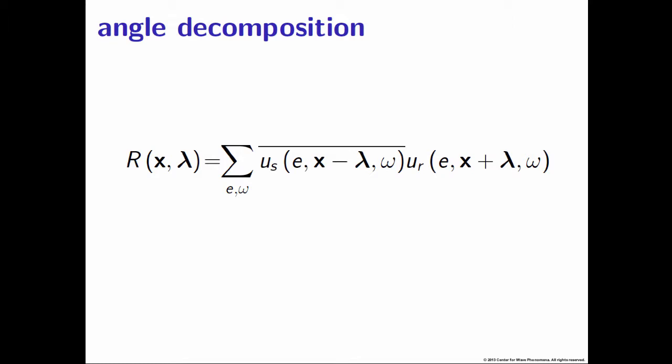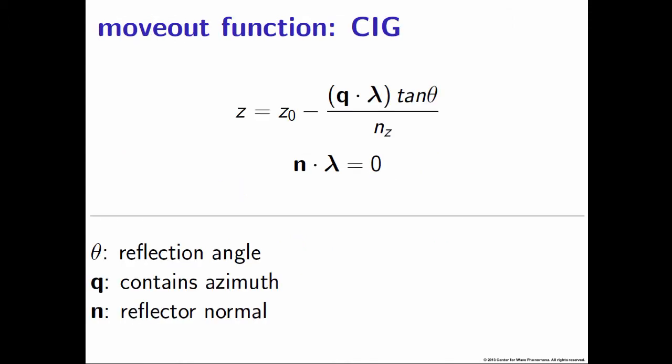By using slant stacking, we transform the subsurface offset axis, lambda, into the angle axes, theta and phi, by looping over all possible angles. So here's the move-out function that Tony discussed before me, which represents the reflection event in the CIGs.